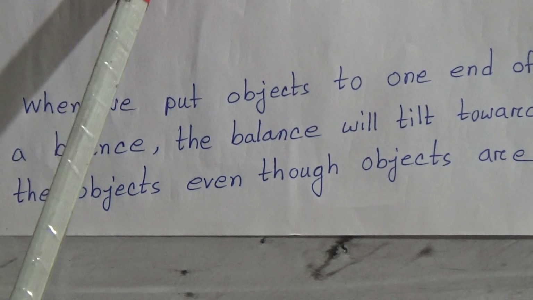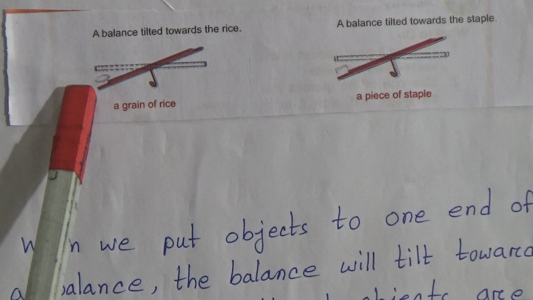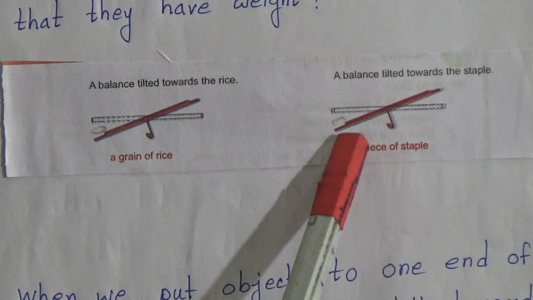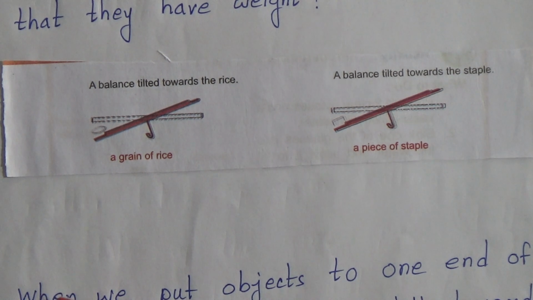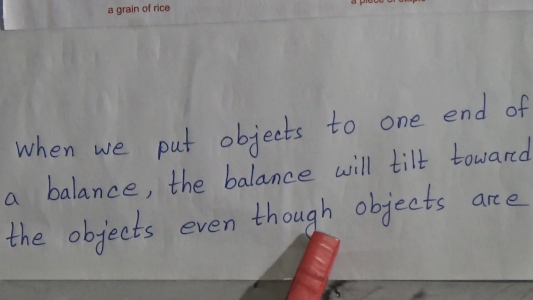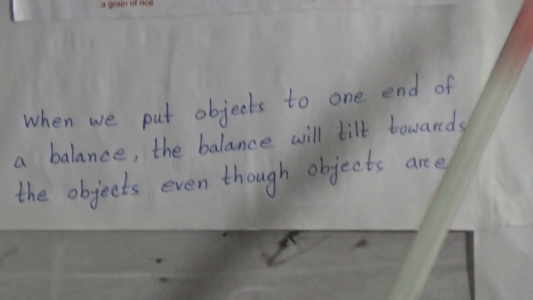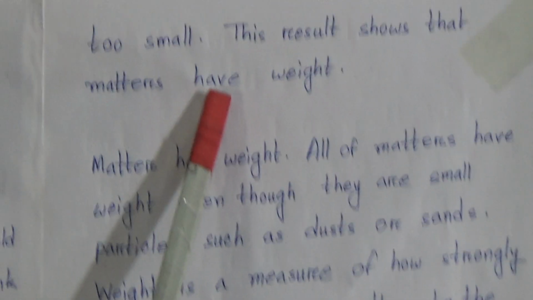This one is called a beam balance, and a rice grain or a small pin. When we put an object on one end of a balance, the balance will tilt towards the object even though objects are too small. This result shows that matters have weight.